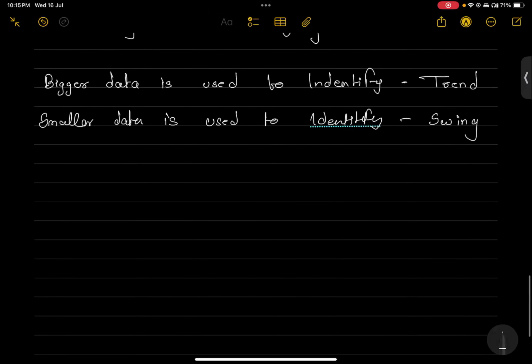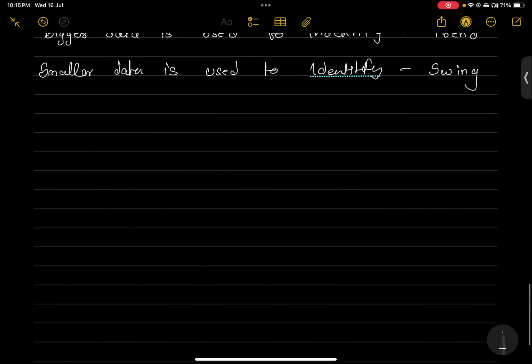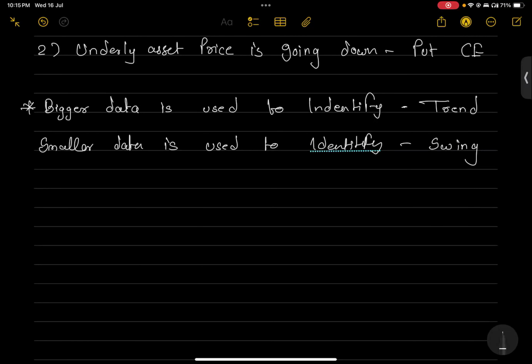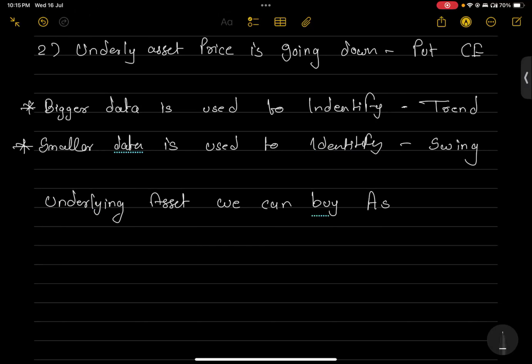Everyone? One more part is there. Underlying asset we can buy as minimum as one quantity, as maximum it can be anything.